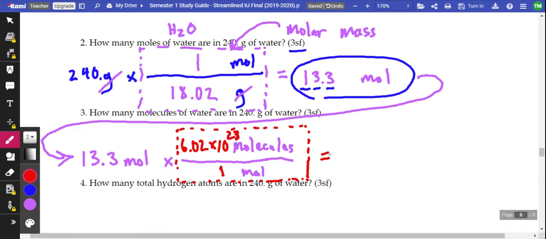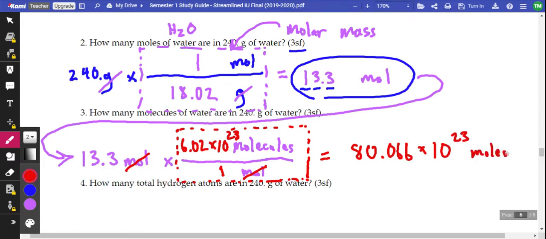So all I have to do is multiply this out. I end up canceling my moles units. I'll convert this to molecules. 13.3 times 6.02. So this is 80.066 times 10 to the 23rd molecules of water.